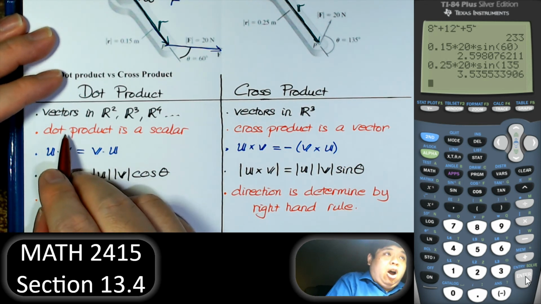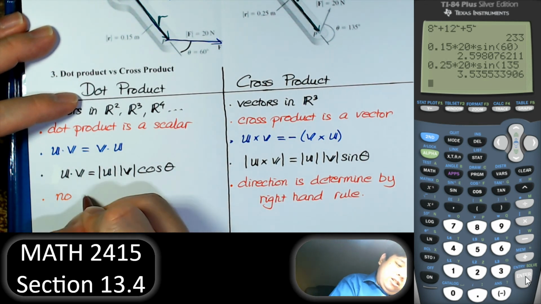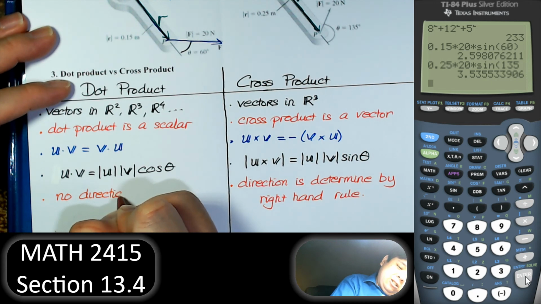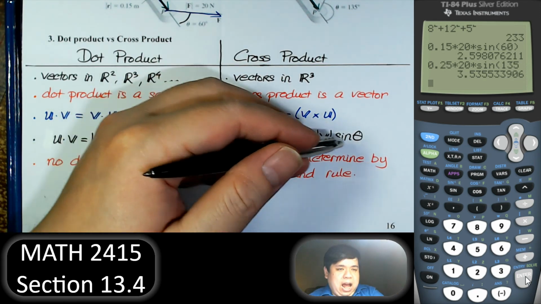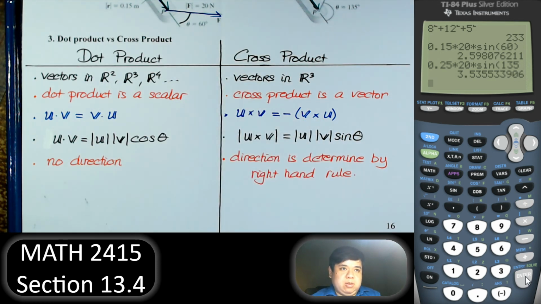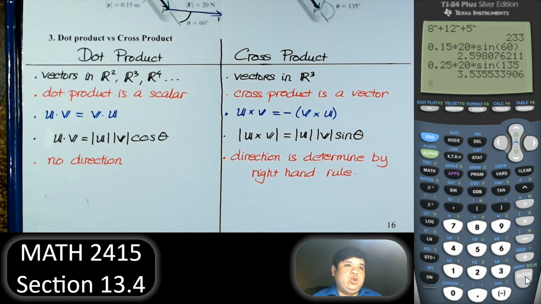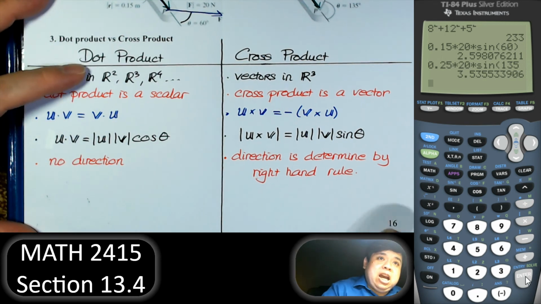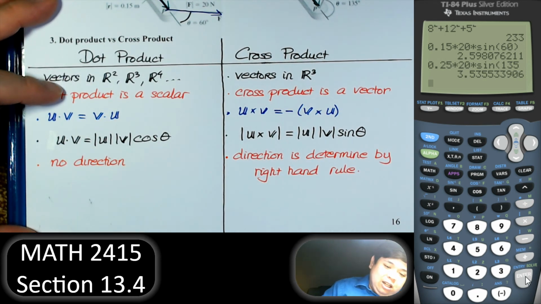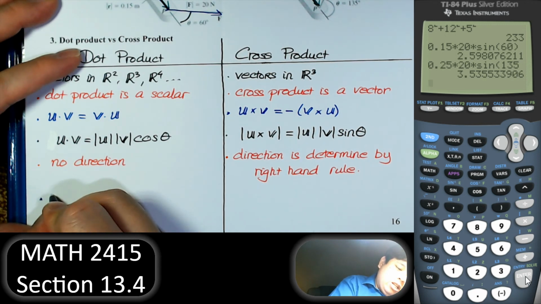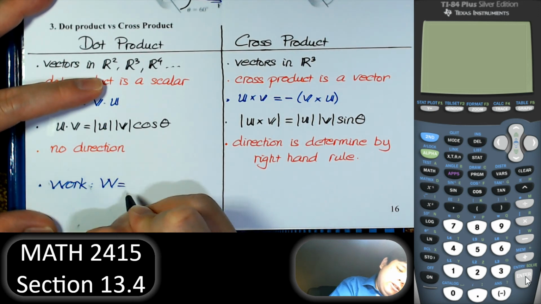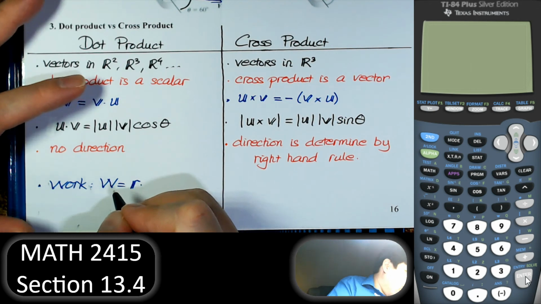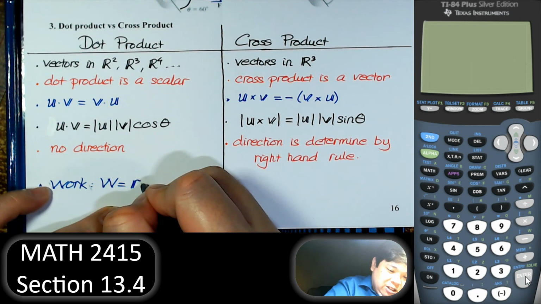And of course, the dot product is a scalar. It has no direction. Right, what else? This of course gives us the area of the parallelogram, but we don't have anything to compare to on the other side. In terms of application, the application for the dot product is work, either r dot f or f dot r, it doesn't matter.